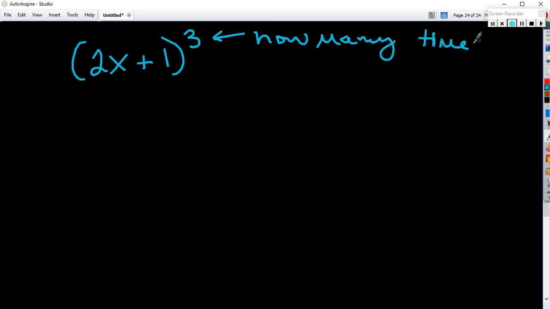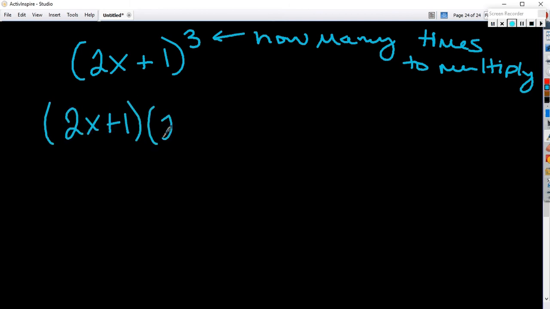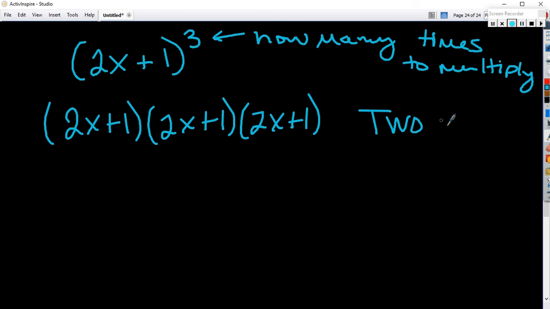So I just do 2x times 2x times 2x. Well, but here's the trick with multiplying. You can't do more than 2 at a time. Okay? So if I have 2x plus 1, 2x plus 1, and 2x plus 1, you gotta solve the first 2 and then that one with the answer you get from the first 2. Absolutely. Good job. Only 2 at a time.